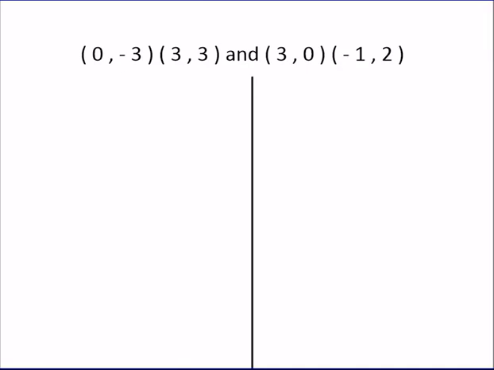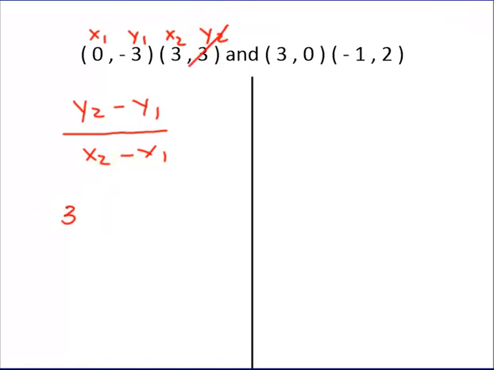All right, next one, y2 minus y1 over x2 minus x1. Go ahead and label your points. So we have 3 minus negative 3, and then we have 3 minus 0.